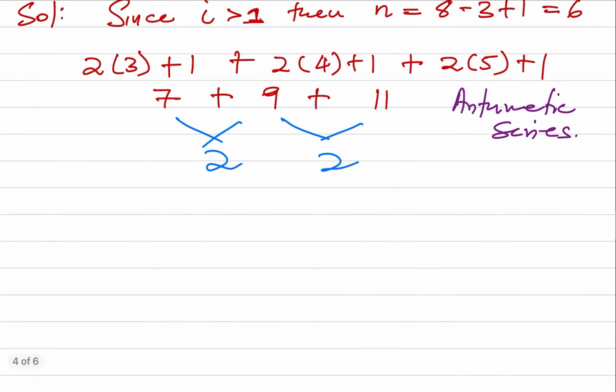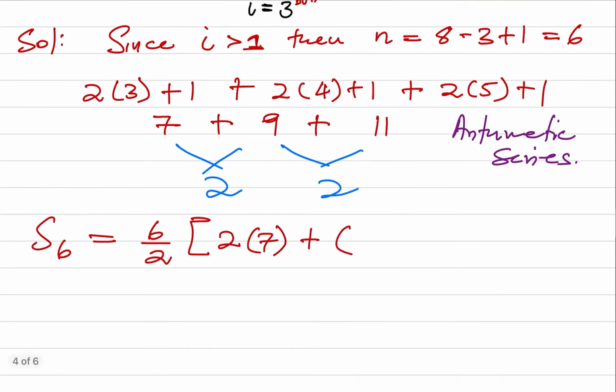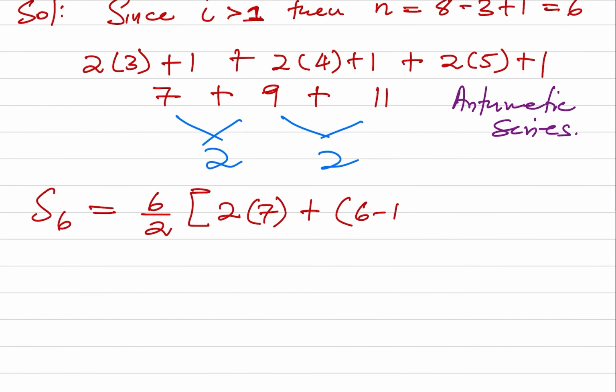So we know that we have 6 terms. So I'm going to say the sum of 6 terms is 6 over 2 into 2 times a, what is a? 7. What is n? Your n is 6. We have 6 minus 1 times the difference of 2. So 6 divided by 2 is 3. 2 times 7 is 14.